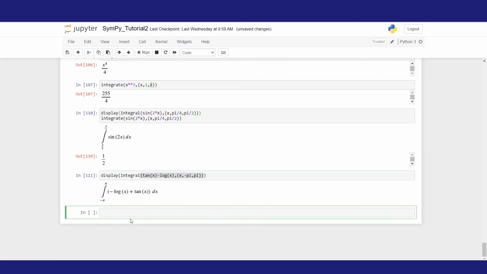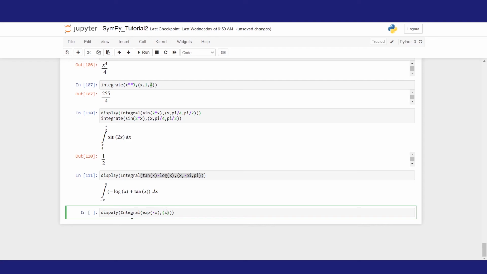Okay, so one more expression we can see is, let's say we display, or you can use the print function, the integral of exponent minus x, and then this is from 0 to infinity.